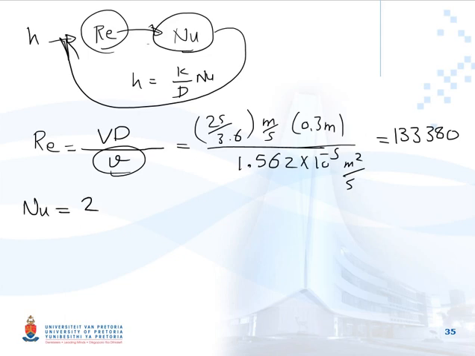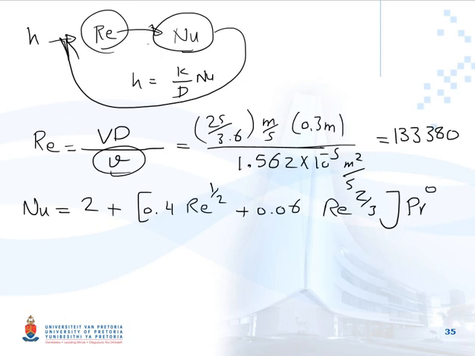Nusselt is equal to 2 plus 0.4 Reynolds to the power of 1/2 plus 0.06 Reynolds to the power of 2/3, times Prandtl to the power of 0.4, times mu infinity divided by mu s to the power of 1/4. If we put all those values there, we will get 268.